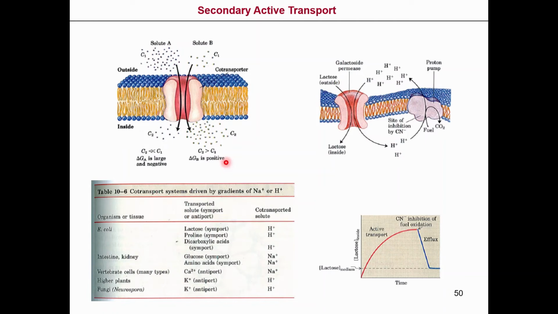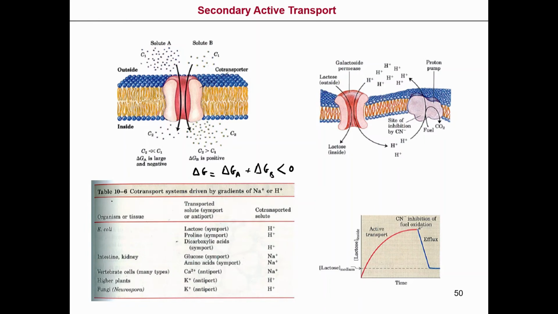To transport solute B from the outside to the inside, we need a co-transport, because the overall delta G of the transport of A and B will be the delta G of A plus the delta G of B, and because it will be negative, the transport for A and B will be allowed.